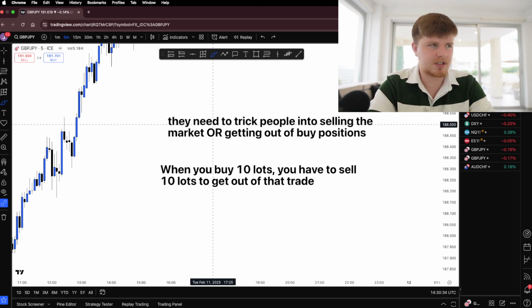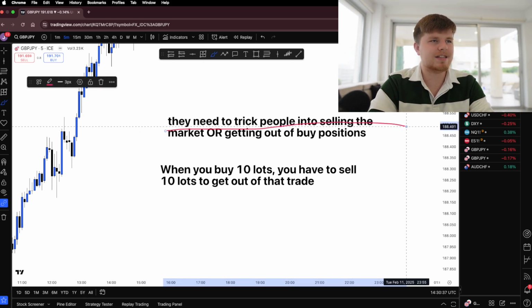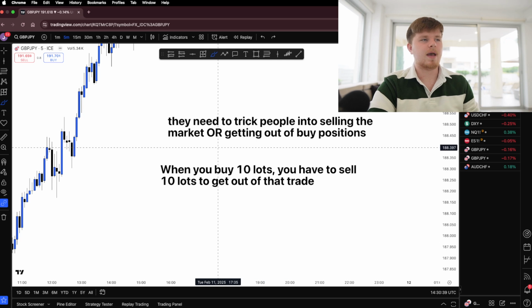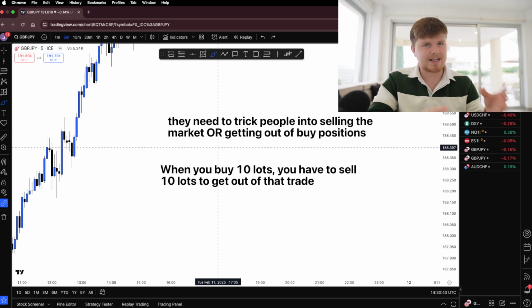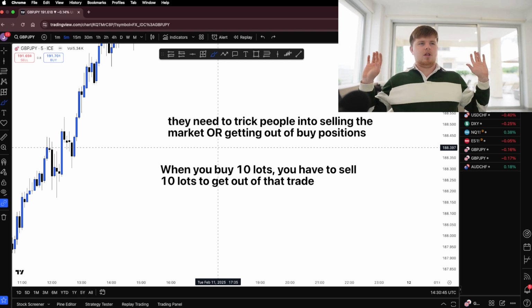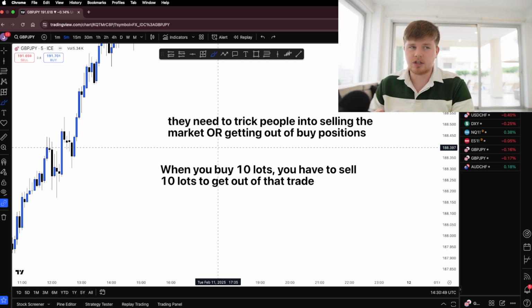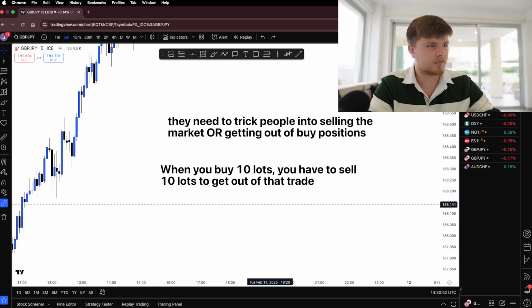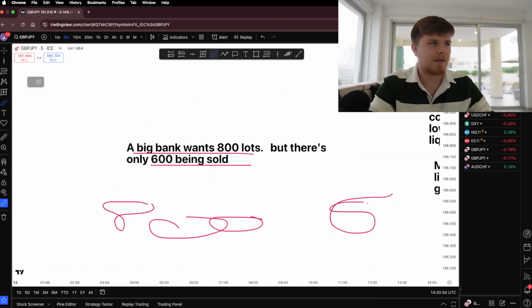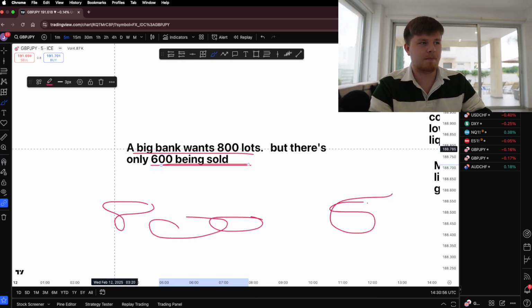They need to trick people into selling the markets, either by people entering sell positions or people getting out of buy positions, because then there's a lot of people selling. They're selling to get out of their buys, and they're selling because they think price is going to go down, okay? Which means the banks then have enough liquidity to buy 800 lots.